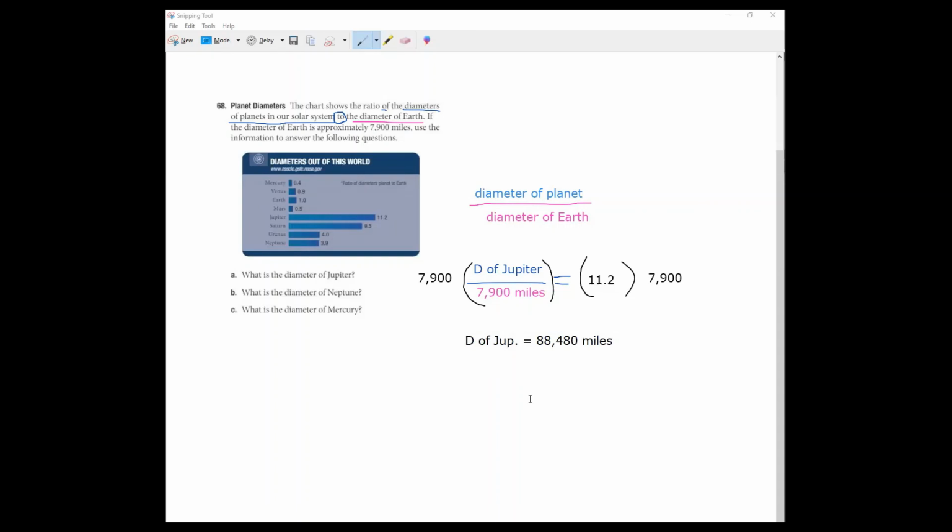Good times. We could repeat this process the same way for finding the diameter of Neptune or the diameter of Mercury. The only thing we would be changing is what goes over here for the value of the ratio.